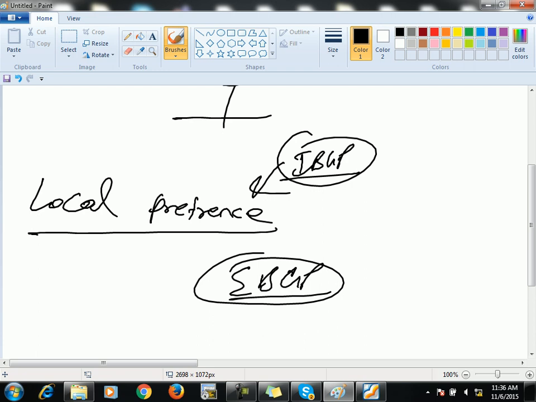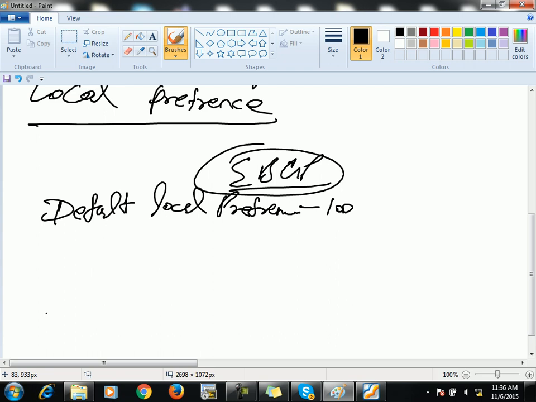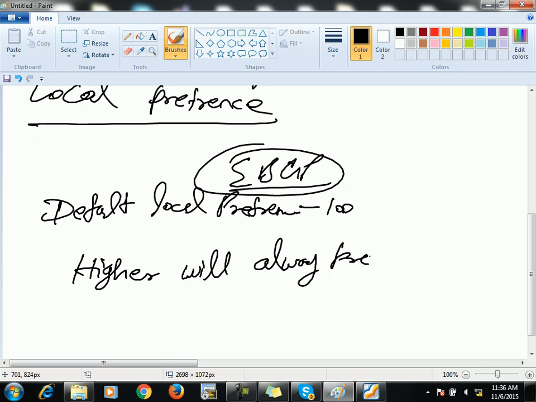By default, local preference is 100. Higher will always be preferred. And it is not Cisco proprietary, it is an open standard attribute.